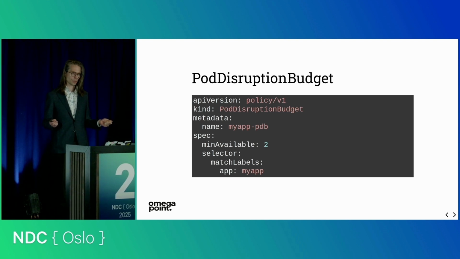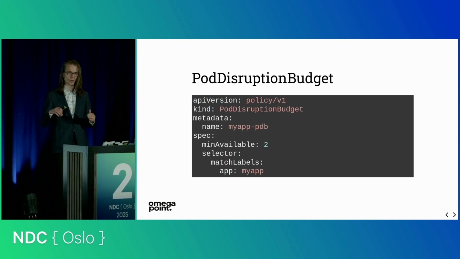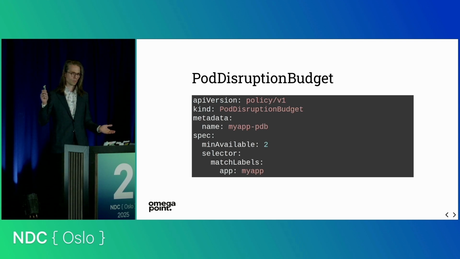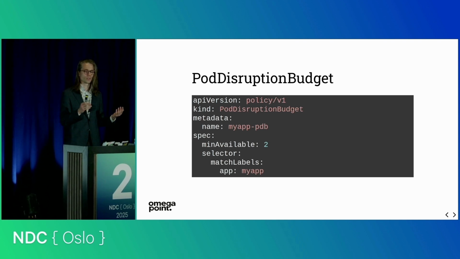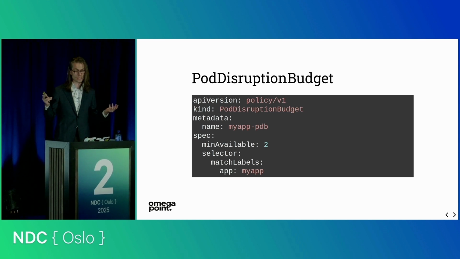Another is if Kubernetes, for some reason, for example if you drain a node for upgrading the cluster, or if there's some other prioritization happening, will kill a pod or move a pod from one node to another. And this resource specifies that even though Kubernetes is allowed to do this, it should ensure that you have at least 2 available replicas at some place in the cluster.